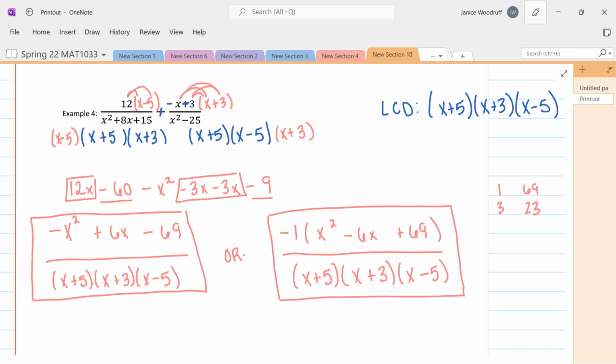I'm guessing on the homework, if you had one like that, you're probably going to go that way. If it comes out to be one that you can't factor, just leave it like that. Pulling the negative one out might mess it up. But they are equivalent, so if you put that on a test, I would be fine with that.